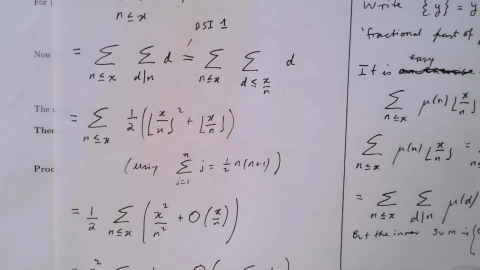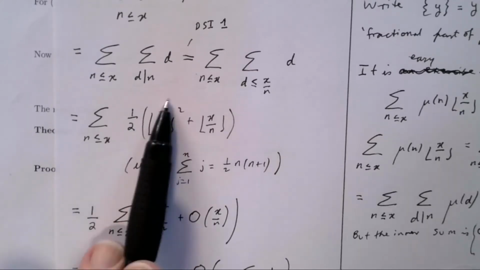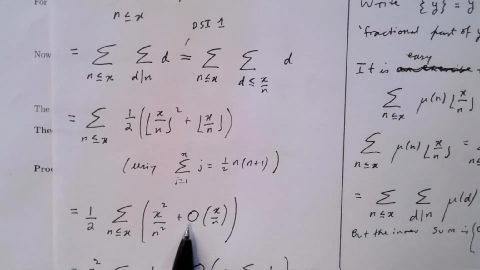Now we can take the half out, and I can look at the dominant terms here. The dominant term is going to be this one, so this is really just x squared on n squared, plus we push the rest under the carpet, this is going to be big O x on n.